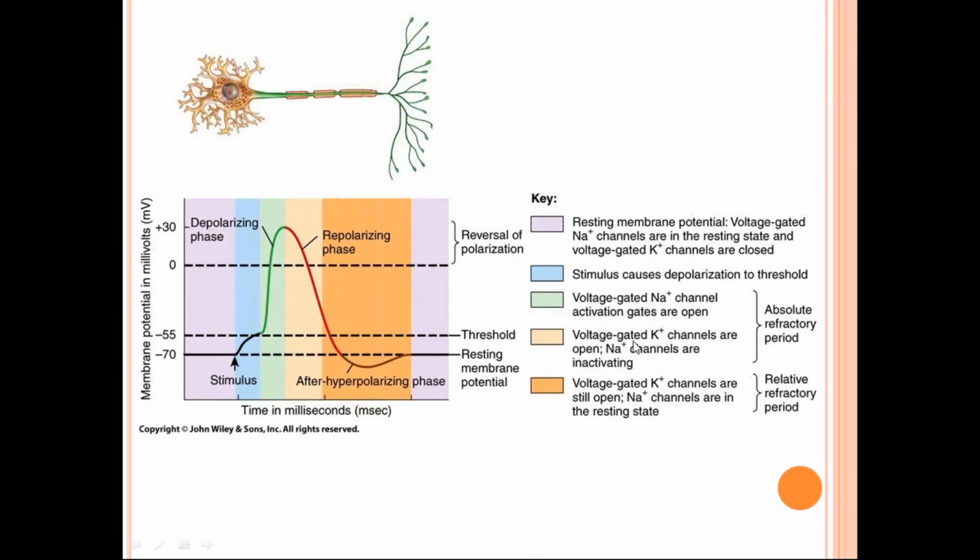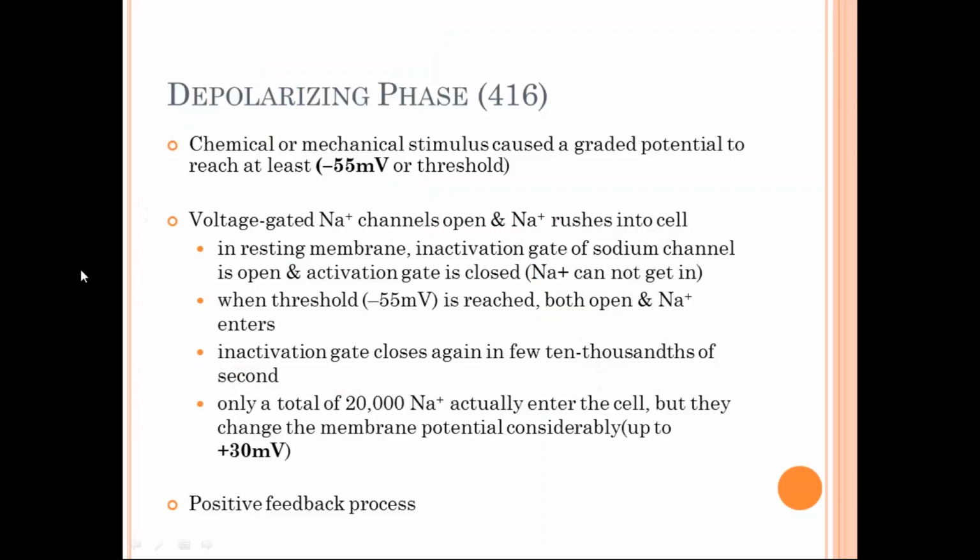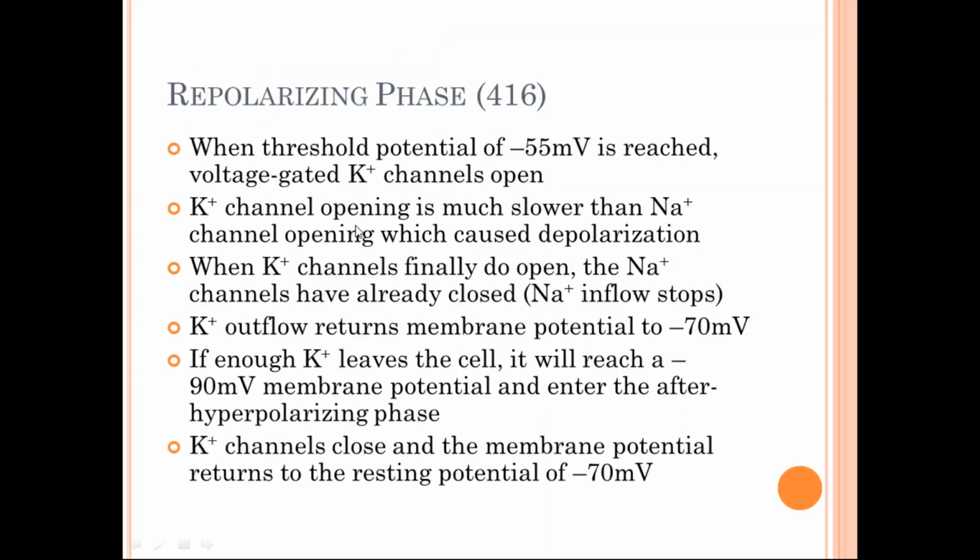Now we're going to open up voltage-gated potassium channels to try and get it back to normal so we can have another impulse. So now we have potassium channels opening up. They're a little bit slower than the sodium channels. They kind of happen at the same time, but potassium's slower.